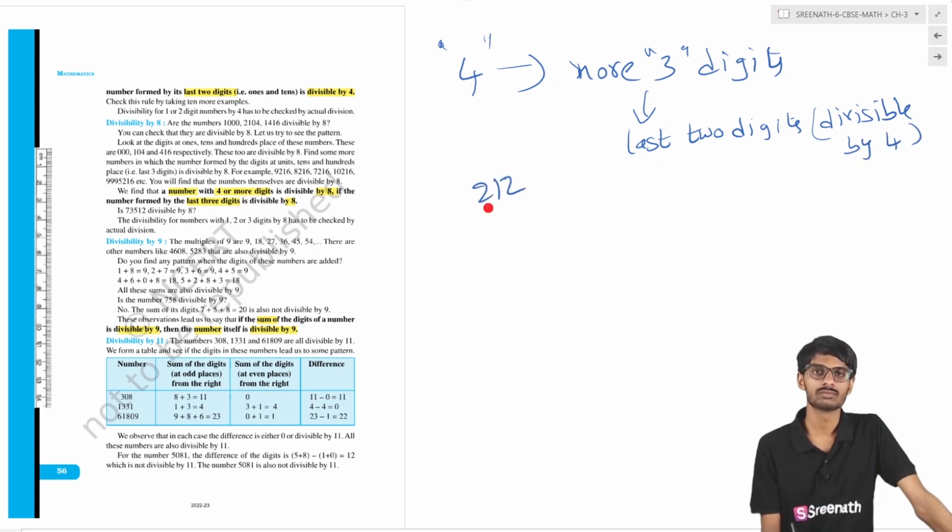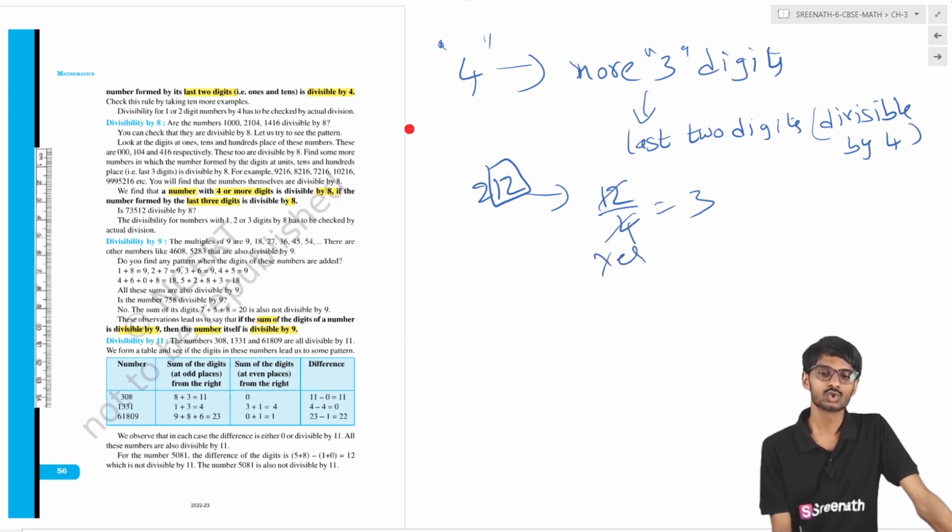Take 212. What are the last two digits? Those are 12. So basically, are those divisible by 4 or not? Yes, 4 threes are 12. So hence 212 is divisible by 4.